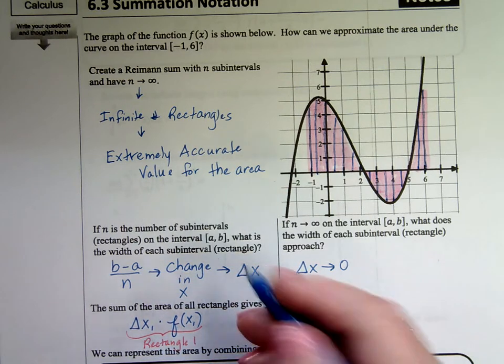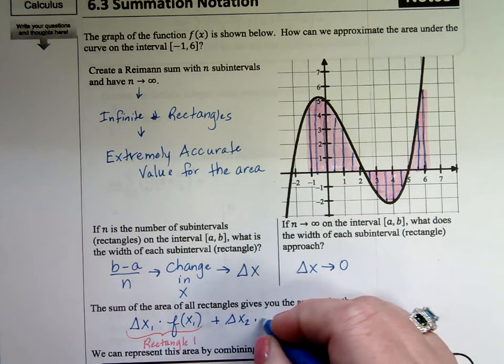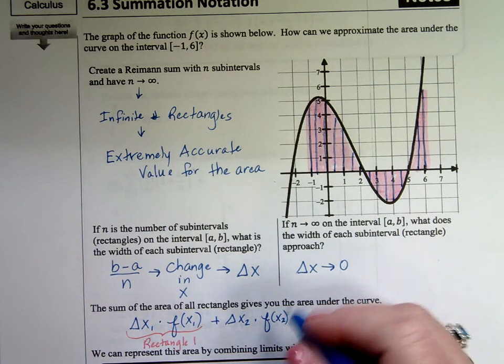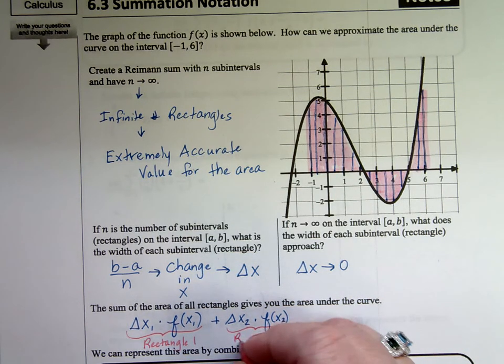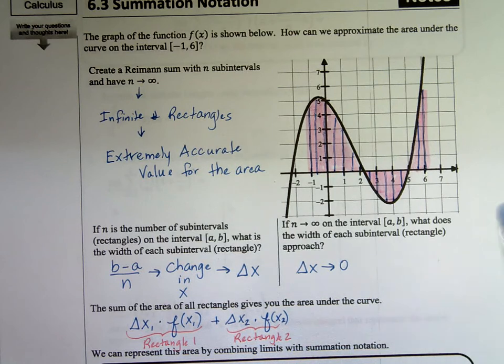Well, what would it look like for the next rectangle? That would be delta x sub 2 times f of x sub 2. This would be rectangle number 2. And you can keep going.